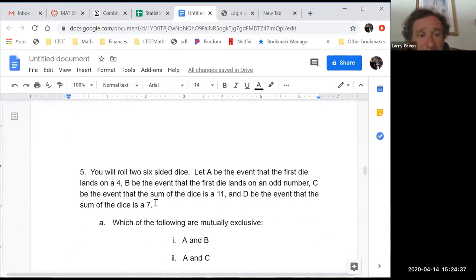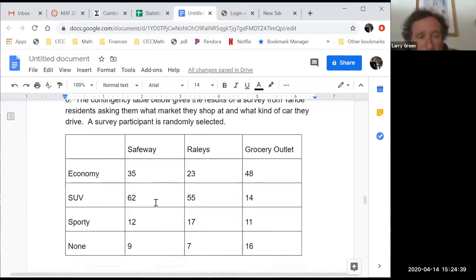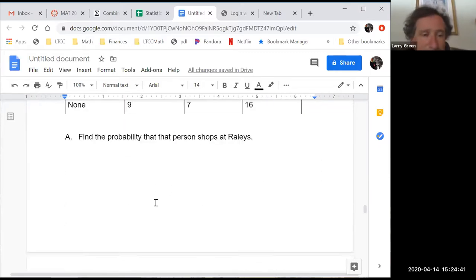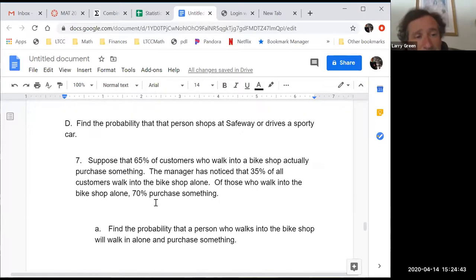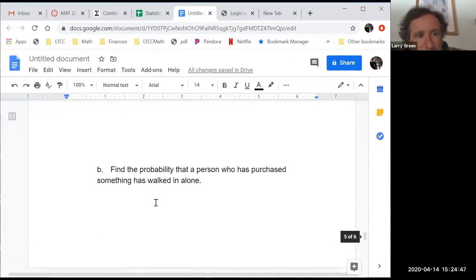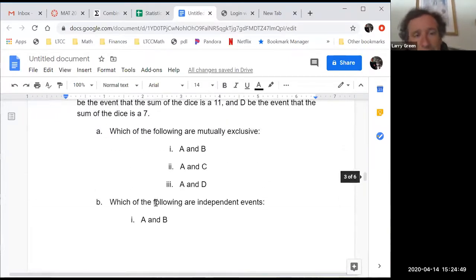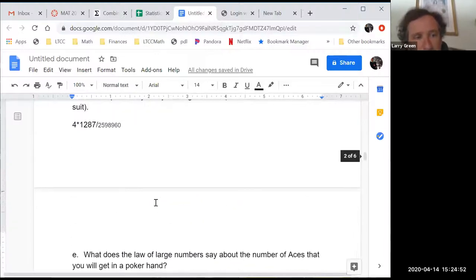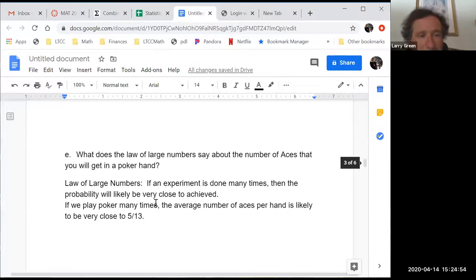I want to let you know we have more things to do. So what we're going to do in the last one, next time on Thursday, is I'm going to finish this worksheet. There's actually 7, I think, questions on the worksheet. But we're not going to do that intro thing. So we should be able to finish the worksheet in not that much time. So we just did the longer problems.